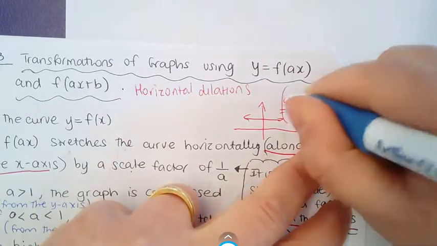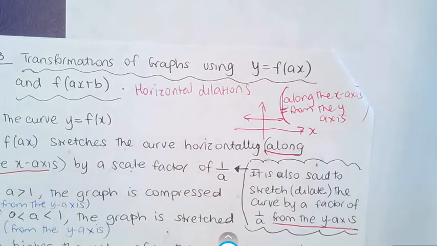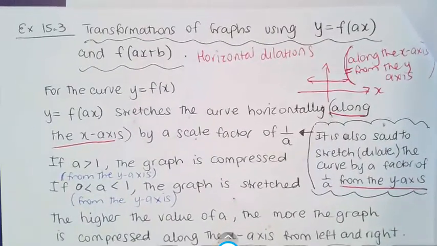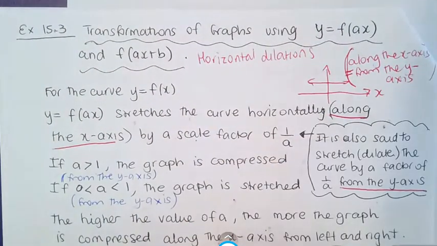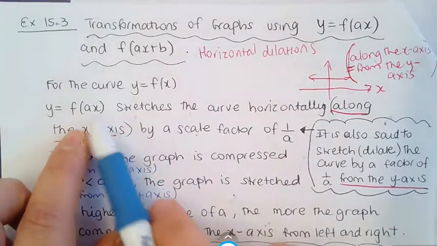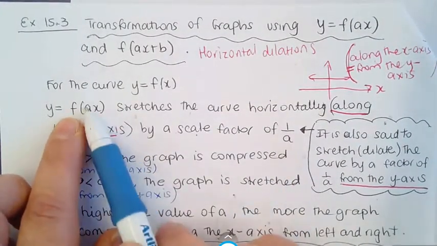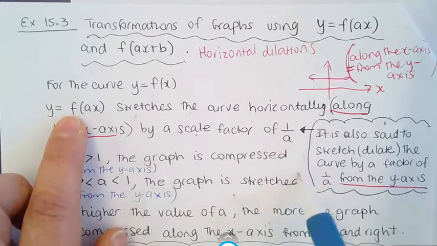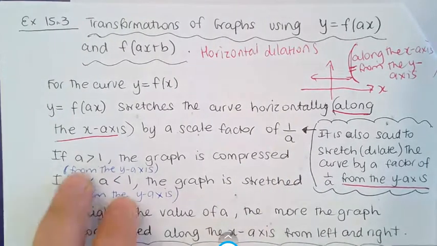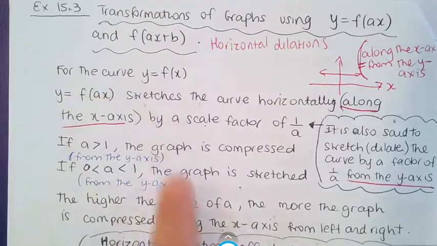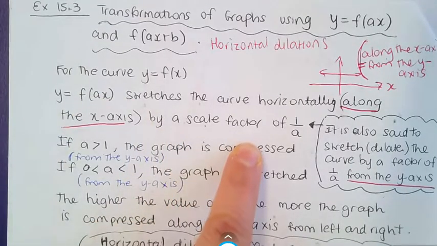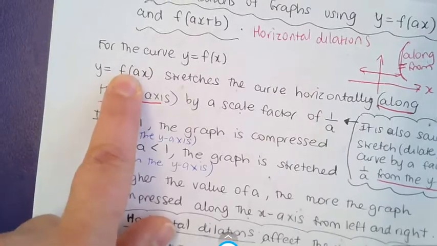So stretching or dilating along the x-axis is the same as saying stretching or dilating from the y-axis. But guys, this factor is different. It's 1 on a. It's by a factor of 1 on a. Now, you got that? So where the a is next to the x, you don't say the scale factor's a. It's 1 on whatever a is. Okay?